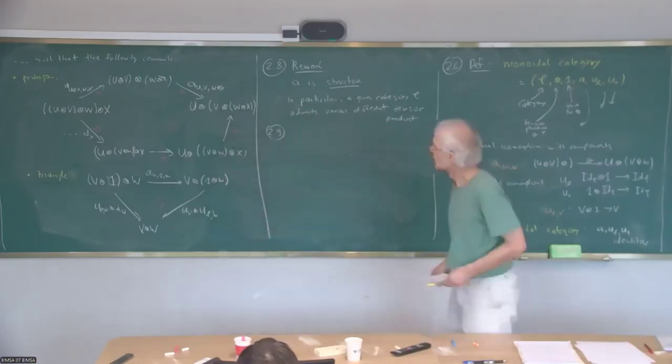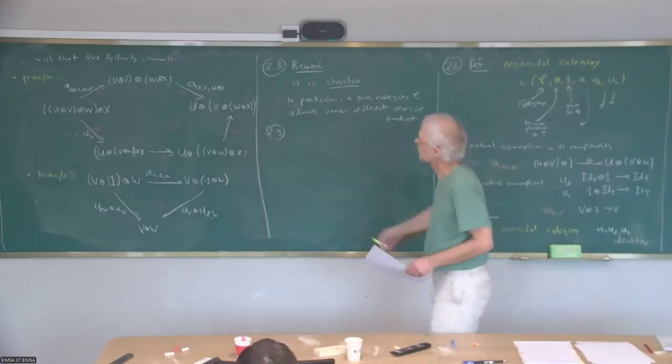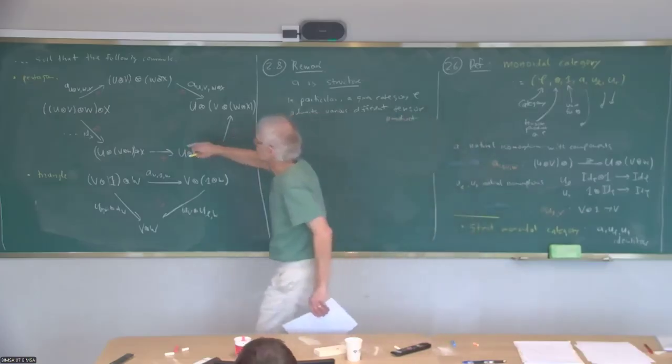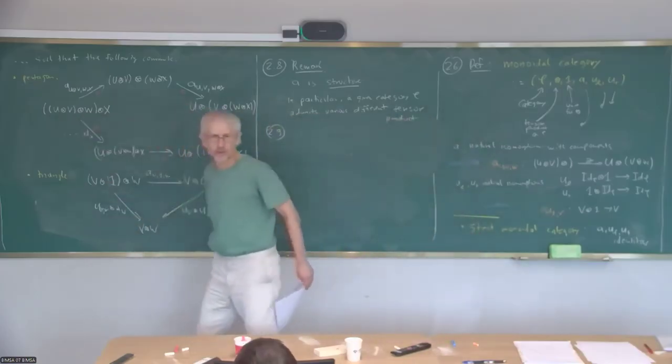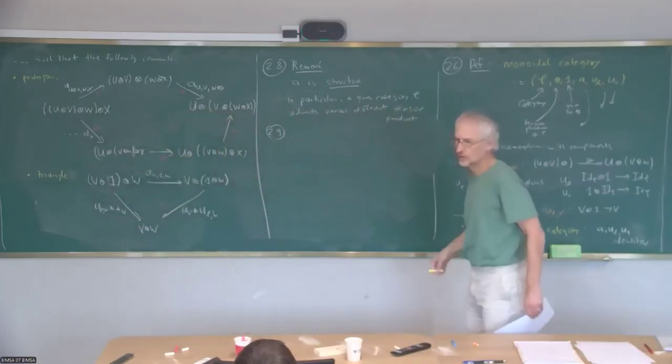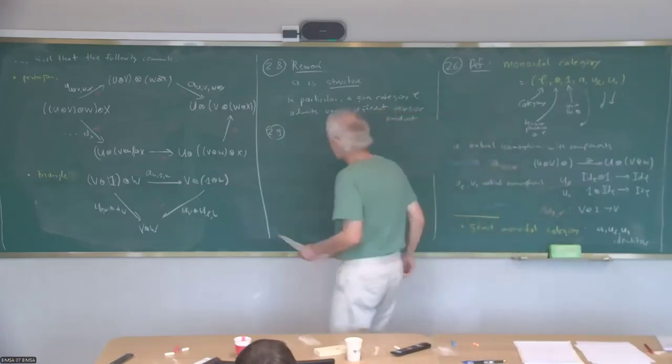You could ask, well, what happens if I do not take the tensor product of multiple tensor products of 4 objects, but of more of them?